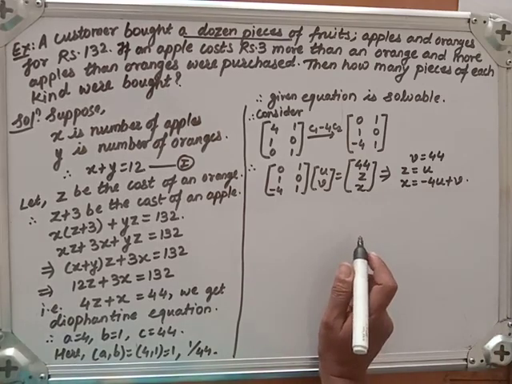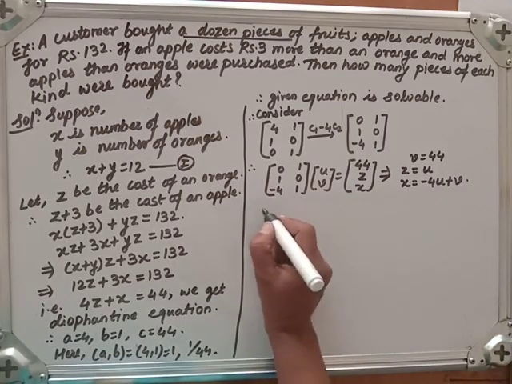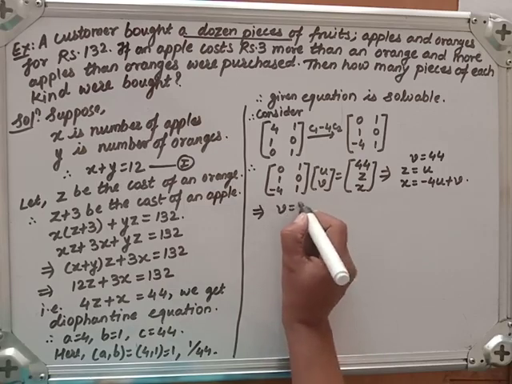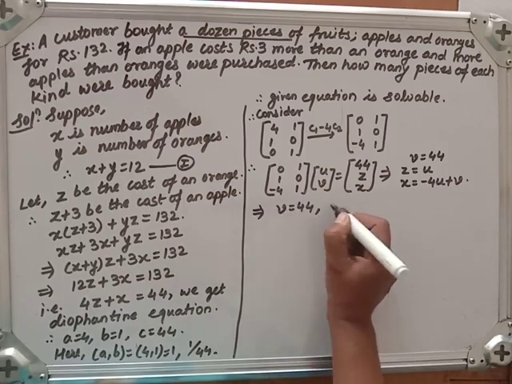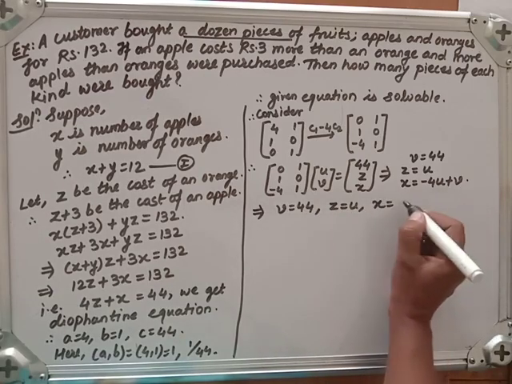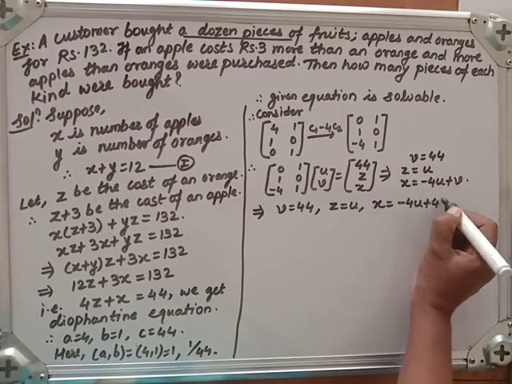Now V is 44. So this gives V is 44, z is U and x is minus 4U plus 44.